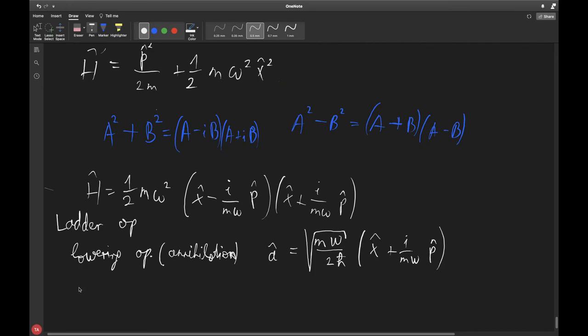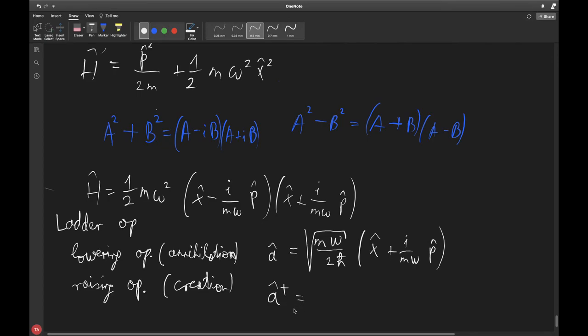And we also have the raising operator, or creation operator, that would raise the energy or create the energy. And that happens to be actually the dagger of the A, also sometimes just denoted with a plus sign.